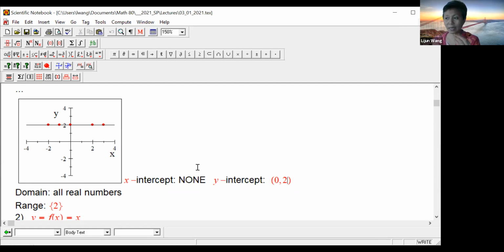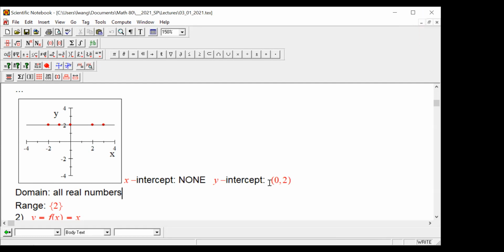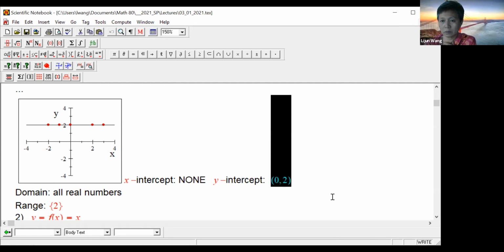You need to indicate what's the input and what's the output. You could also say y equals 2, right? No. You just give me this answer for intercept. I don't take any other form of answer.